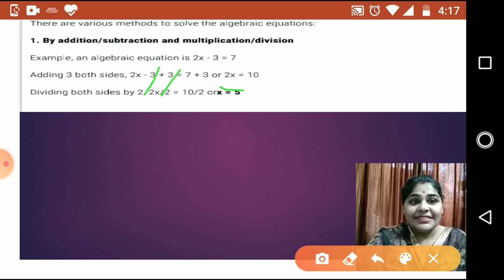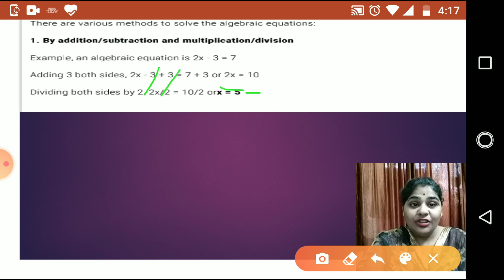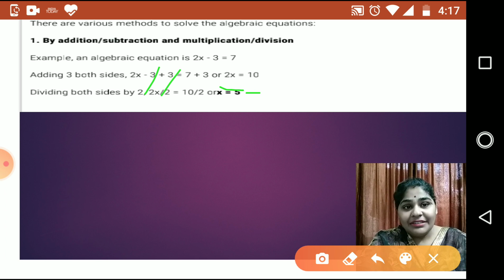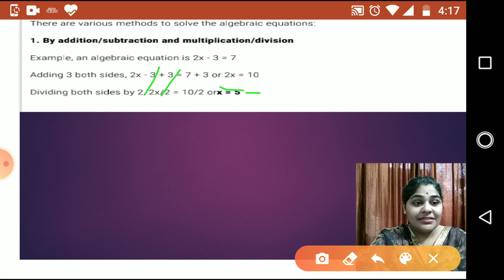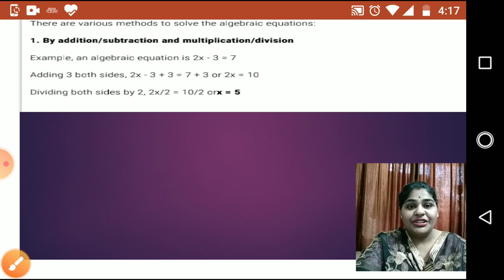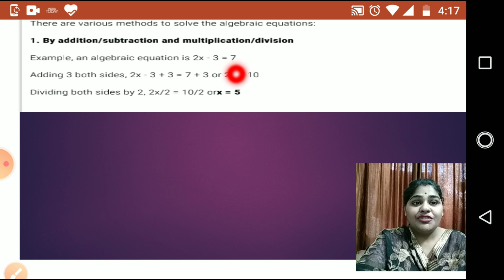And on the right hand side, 7 plus 3 is 10. Whatever constant we add or subtract, we have to do it on both sides, right? Or else divide on both sides, and this is how we find the solution of an equation. Later on we get 2x equal to 10. Now later on we can see here it is 2x.